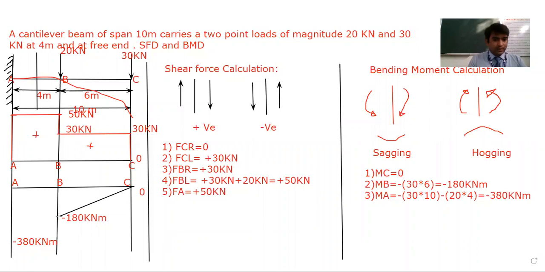Here this is up to the B point, and we can say one more line is there. Here it is negative.